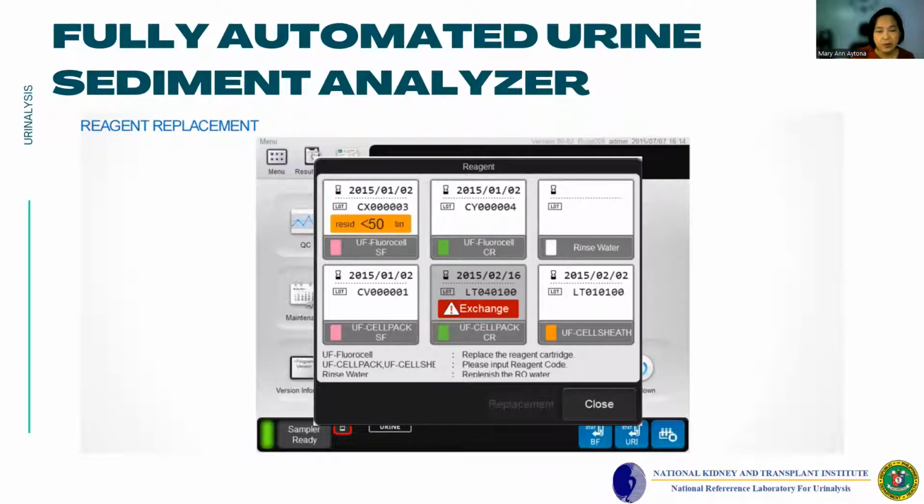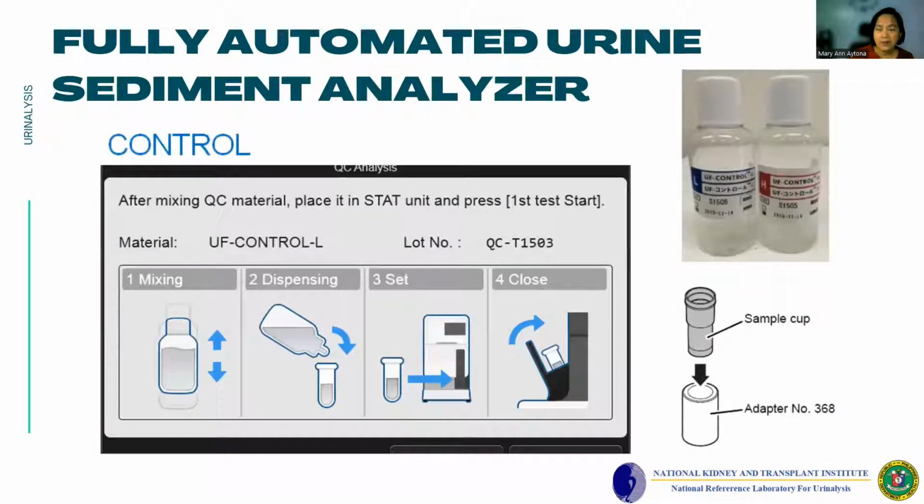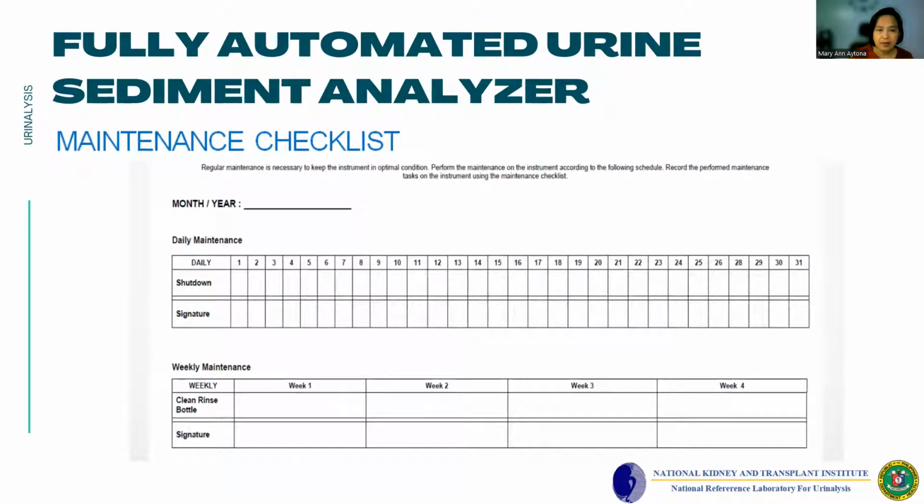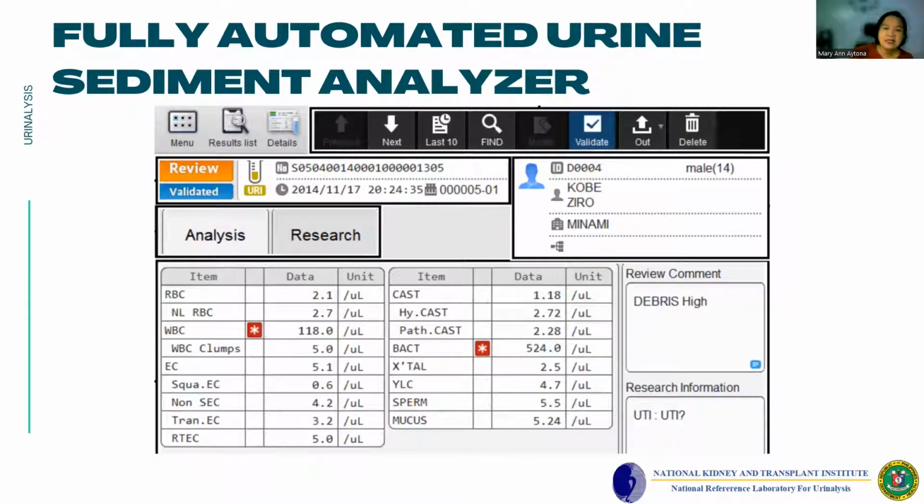It has an inventory module, so you can check if the volume of your reagent is at critical level. You have instructions to run your QC materials. It has a Levey-Jennings QC graph. It has a maintenance checklist also. And this is an example of your sediment report.